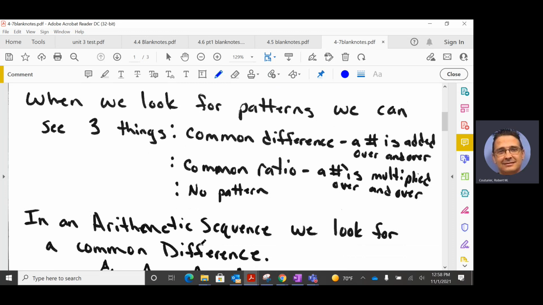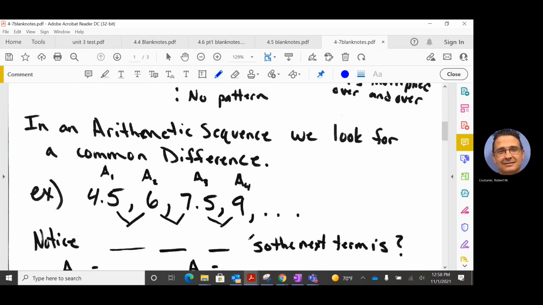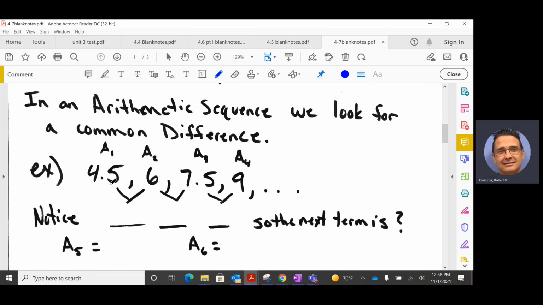In an arithmetic sequence, this is what we're doing. Think arithmetic, right? Arithmetic means we are adding or subtracting something. In an arithmetic sequence, our goal is a common difference, which means what's happening as you go from one to the next, to the next, to the next. They're adding or subtracting some common number between them all, right?